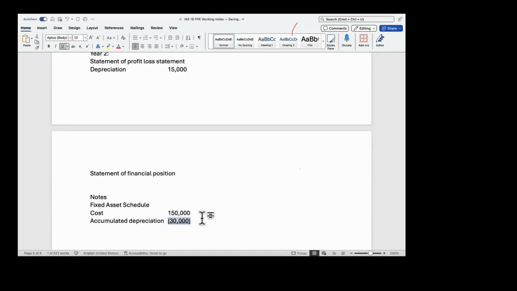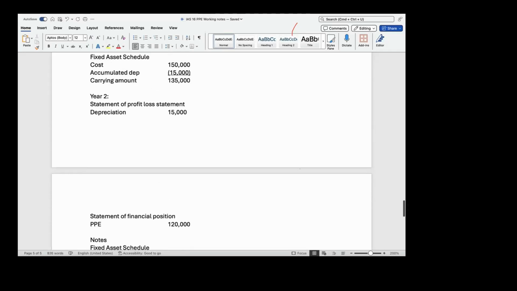What's now your carrying amount? 120,000. Where does it go? That's the statement of financial position, PPE, as 120,000.